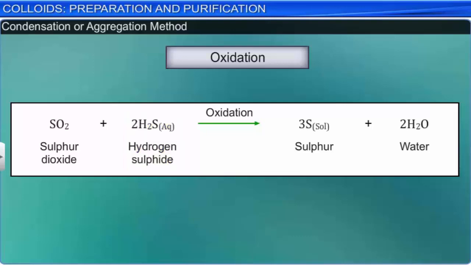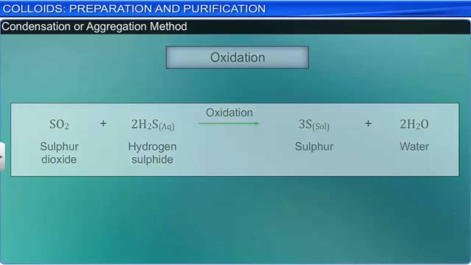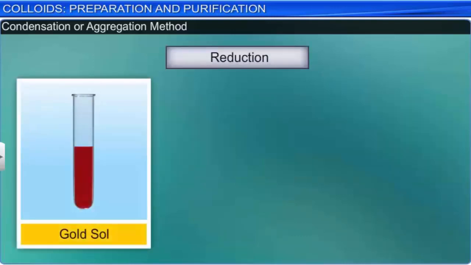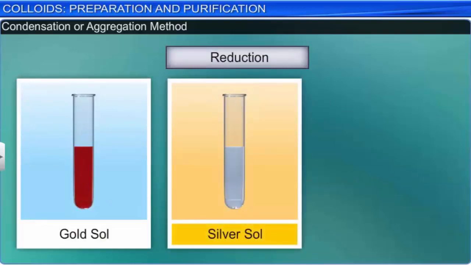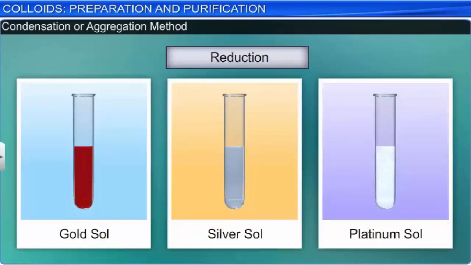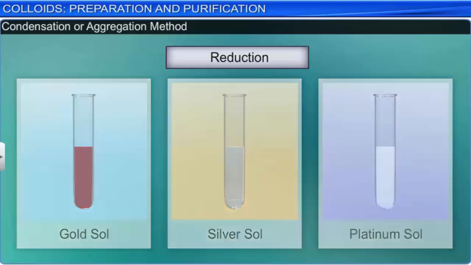Sols of gold, silver, and platinum can be obtained by the reduction of dilute solutions of their salts with a suitable reducing agent. For example, gold sol can be obtained by reducing a dilute aqueous solution of its salt with formaldehyde.